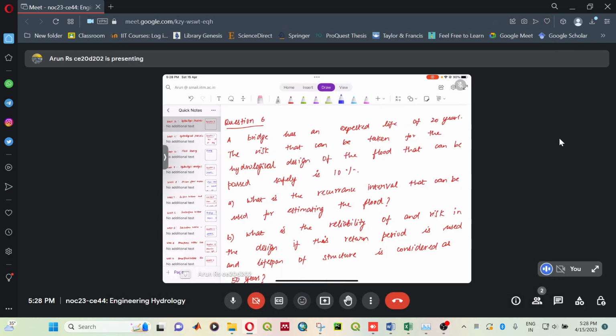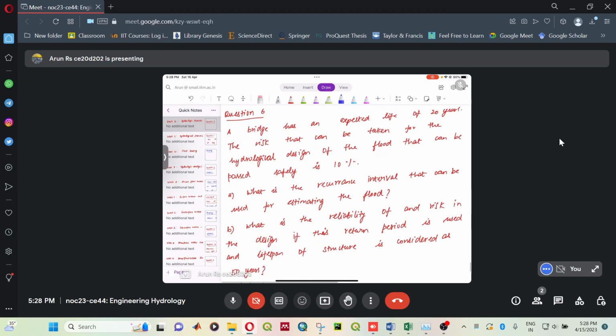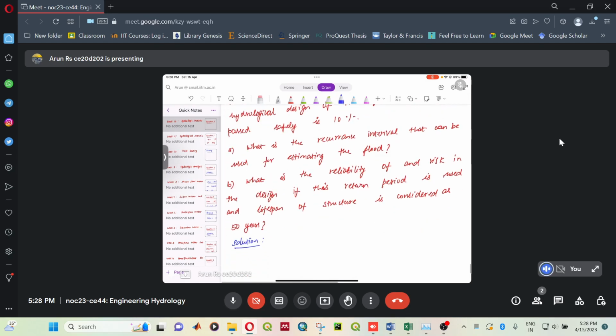So we'll move on to the next question. In this question, a bridge has an expected life of 20 years and the risk that can be taken for the hydrological design of the flood that can be passed safely is 10%. Now we need to find what is the recurrence interval if the risk is 10%.